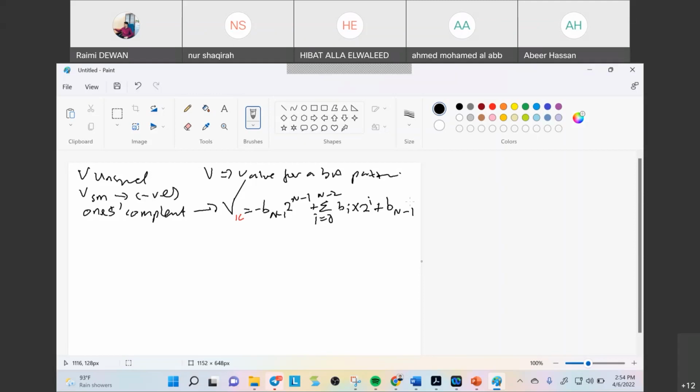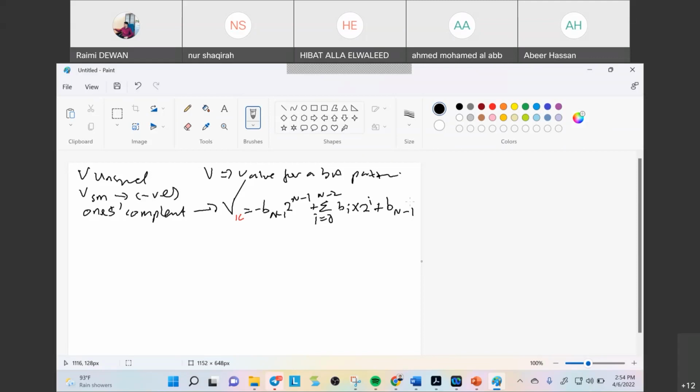In one's complement, the one's complement form of a negative binary number is the complement of its positive counterpart, which can be obtained by applying the bitwise not operator to the positive counterpart. You don't understand? It's okay. I'm reading to you because you don't have the module. In n bits, we can represent values between x and y; I will summarize this later. The not operator you will study in the subsequent chapters.